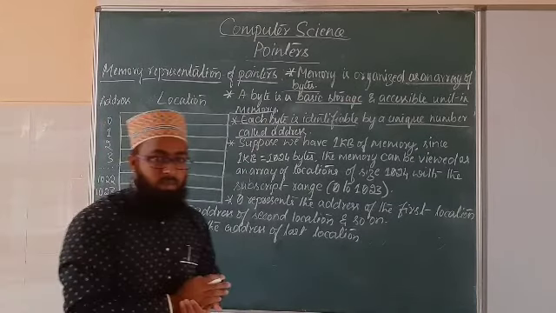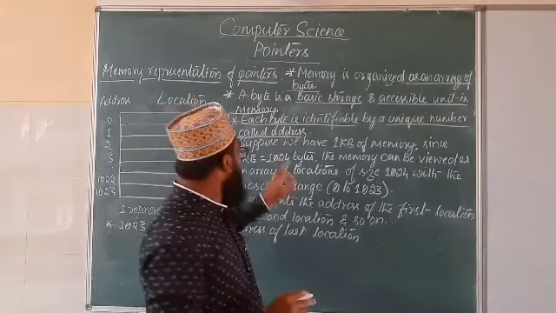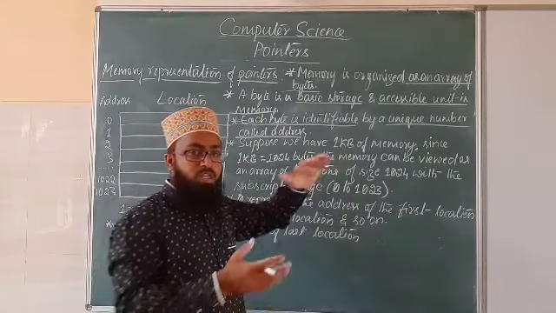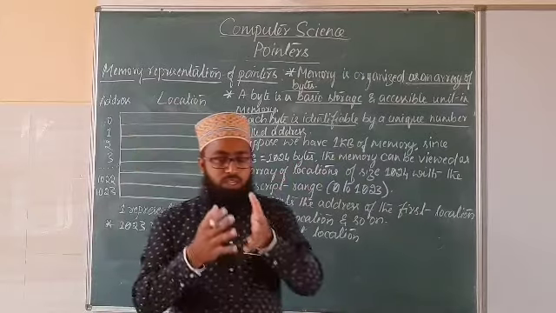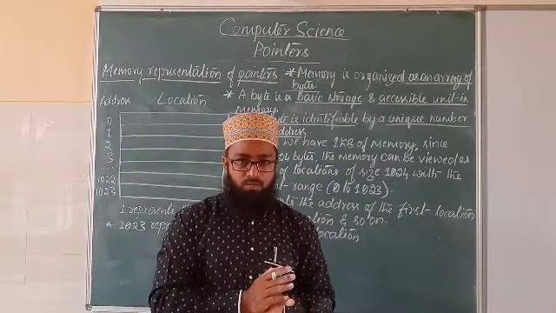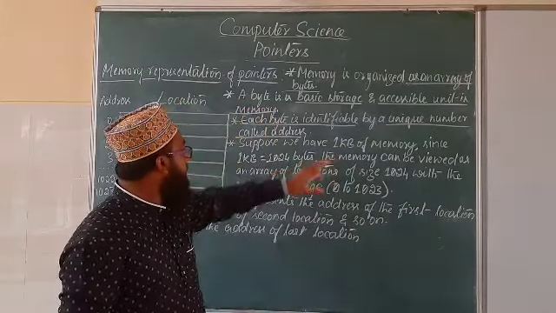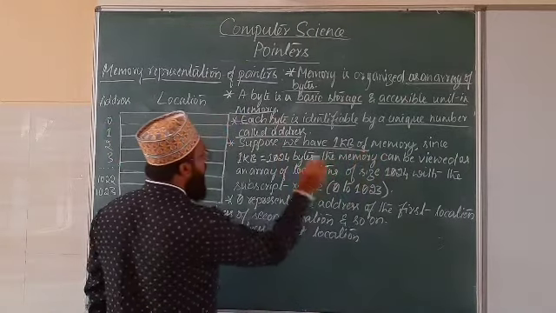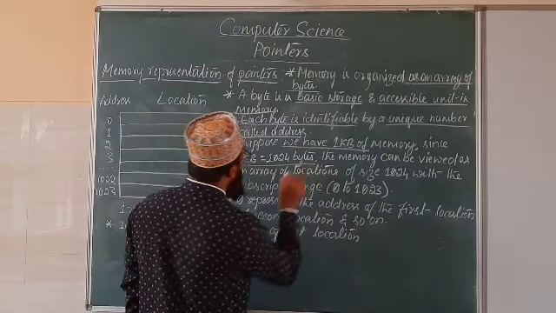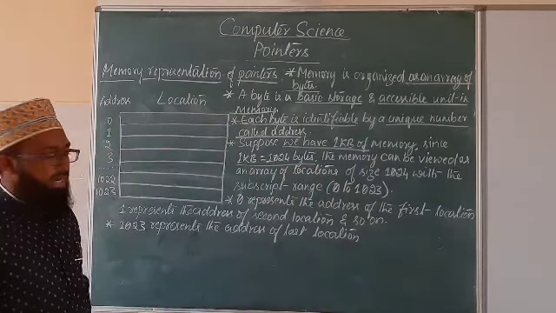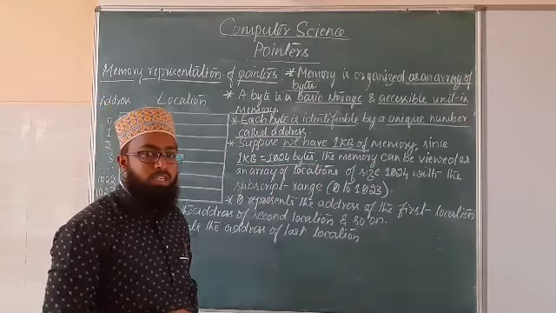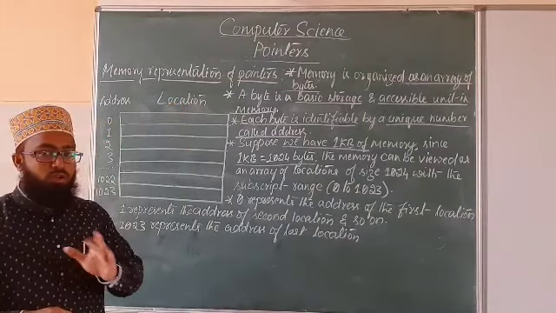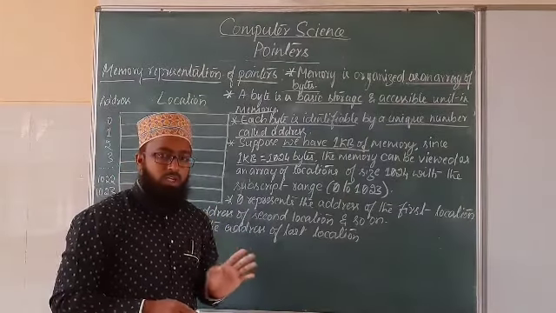Now take an example: we have 1 KB of memory, say we are writing a program of 1 KB. 1 kilobyte is equal to 1024 bytes.